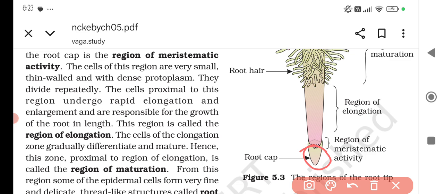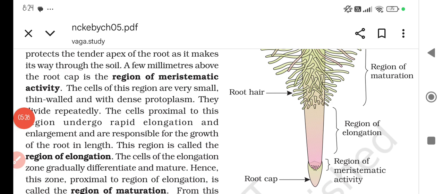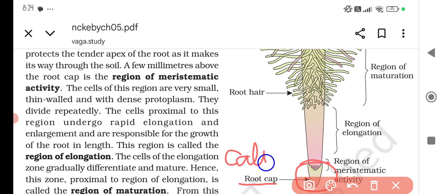So that is the reason the tip or the apex of the root has to be covered with the root cap. This root cap is made up of a dead tissue called calyptrogen, and that is the reason the root cap is also known as calyptra.